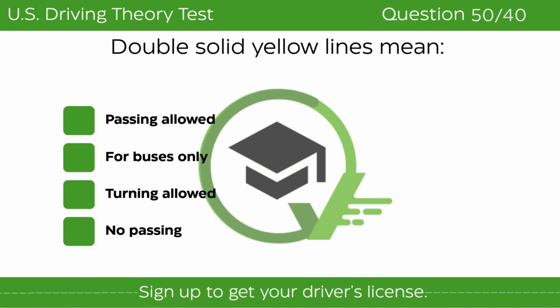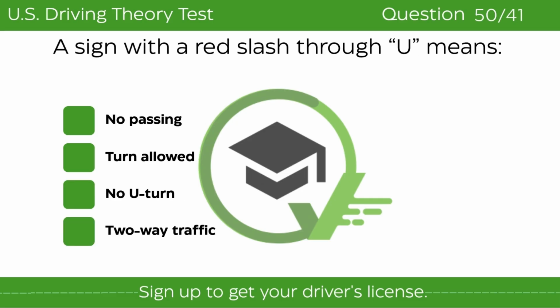Question 40. Double solid yellow lines mean D. No passing. Question 41.